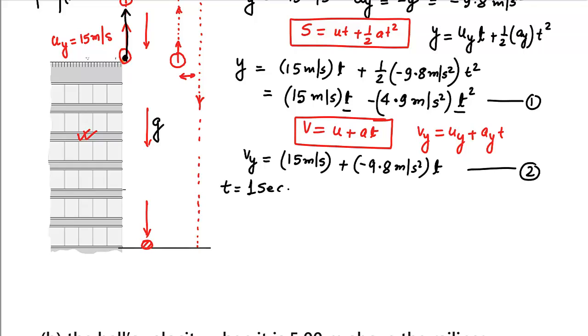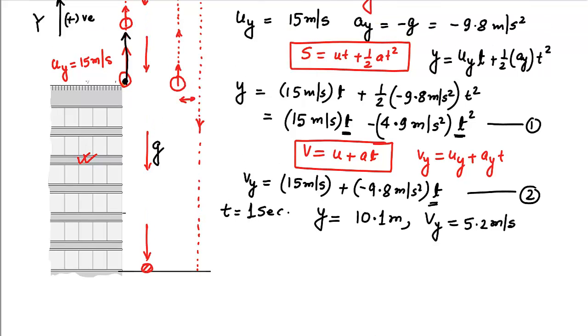If you calculate this for t equals 1 second, you put t equals 1 here and t equals 1 here. You will find y equals 10.1 meter. Similarly, v_y, you put t equals 1 here, and you will find v_y equals 5.2 meter per second. So you see, in this case y and v_y are both positive.